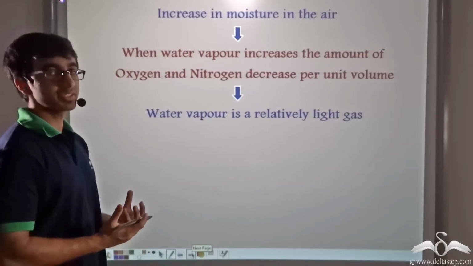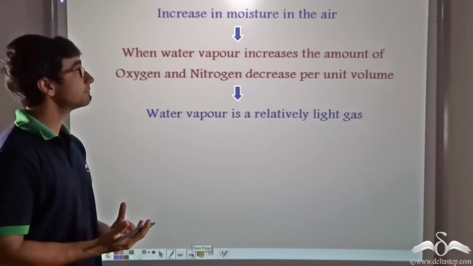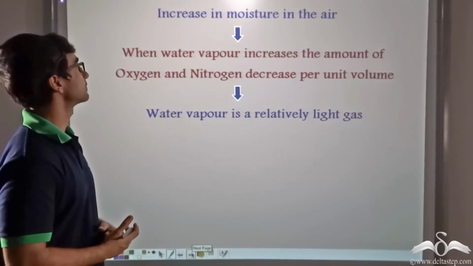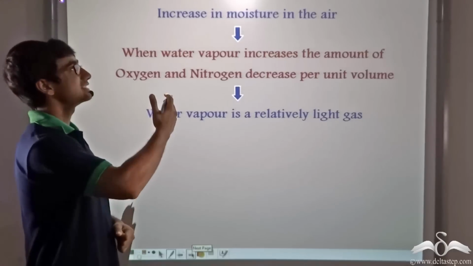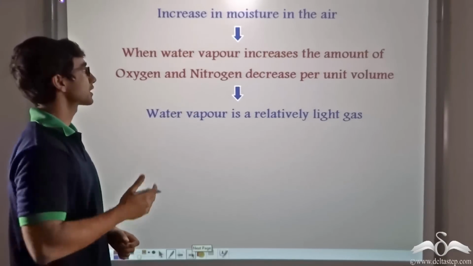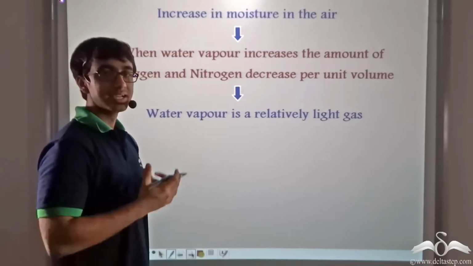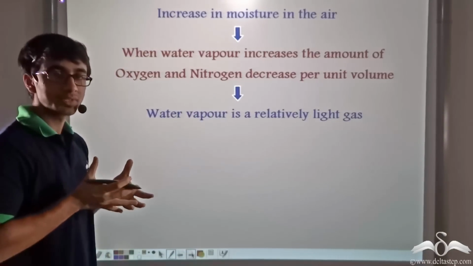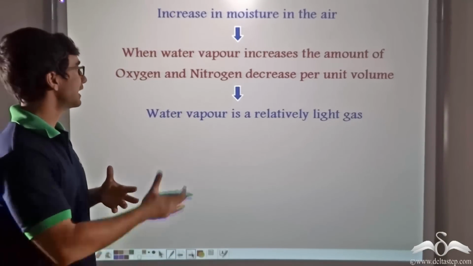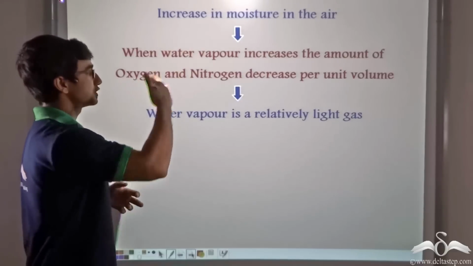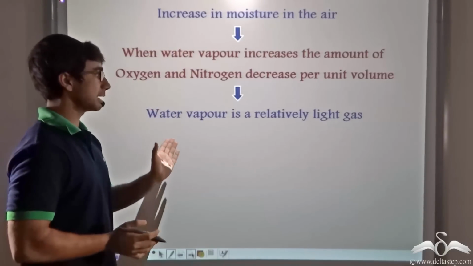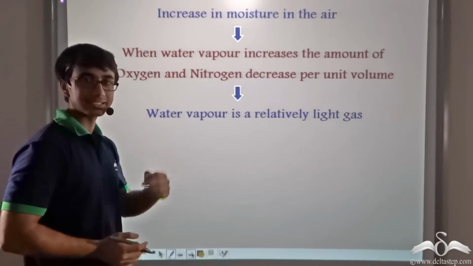Now let's see what happens if there is an increase in humidity or the moisture content of air. When there is an increase in the moisture content of air, that is, when the water vapor amount is increasing, it means that per unit volume there is more water vapor as compared to oxygen and nitrogen. And water vapor happens to be a relatively light gas.